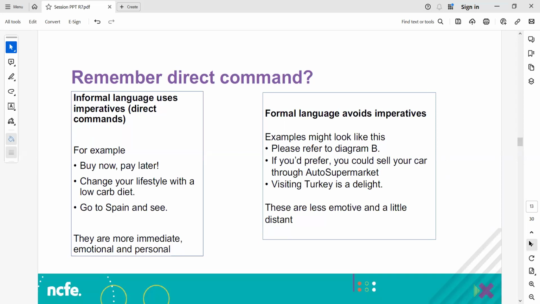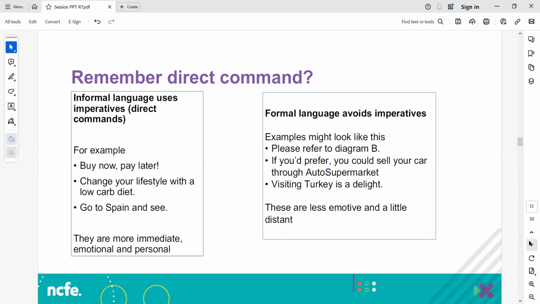It just goes straight in with the verb, as if it's a command. So informal language uses imperatives, direct commands, more frequently. Some examples here: buy now, pay later. Something you might see on an advert. Change your lifestyle with a low carb diet. Go to Spain and see.